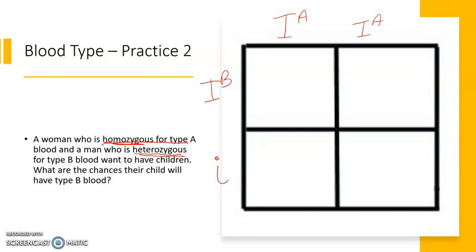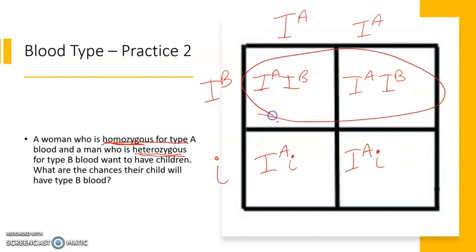Let's do that cross. Let's check it out. I^A, I^B, I^A, I^B, I^A, little i, I^A, little i.